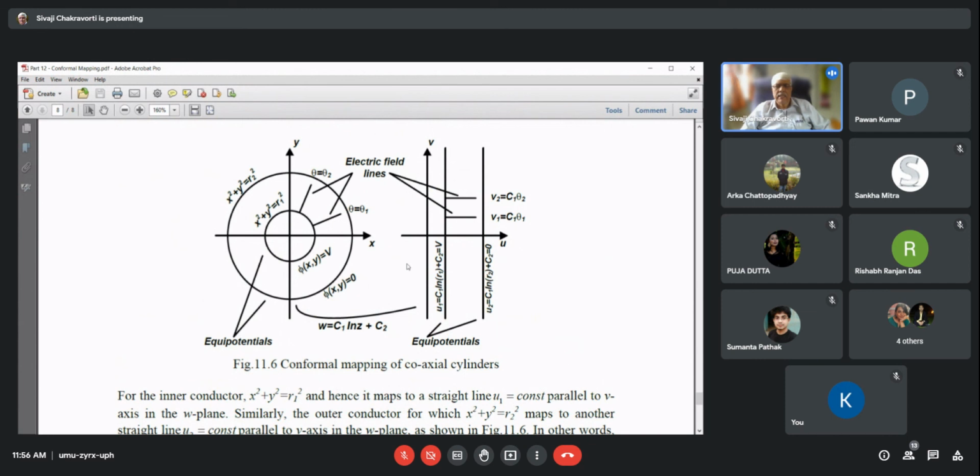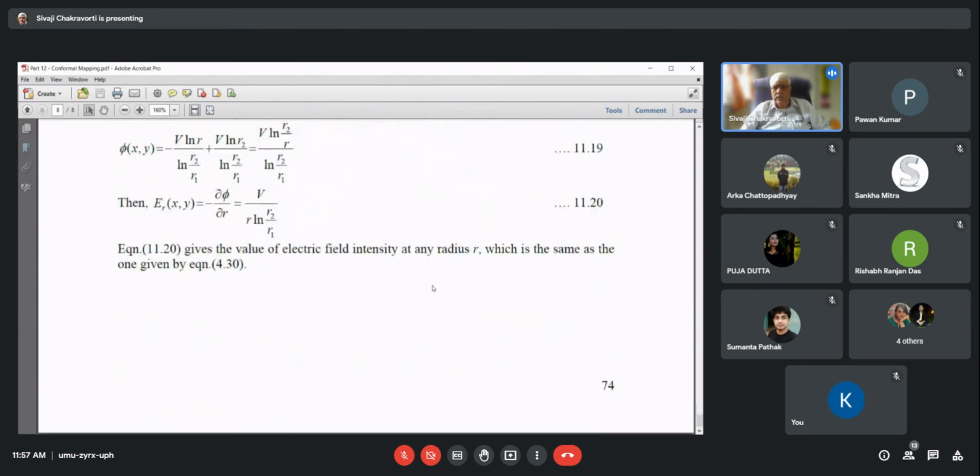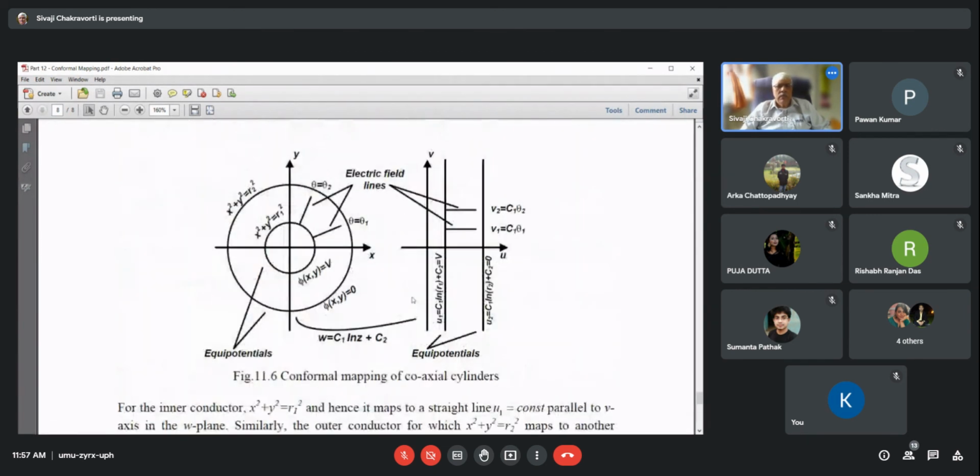There are many other geometries which can be mapped to a simpler geometry, but that is not required for your course. For your course, it is important that you know there is a method called conformal transformation, what is the basic methodology in conformal transformation and how do we apply it. This is what I wanted to show you, and this is the end of the note.